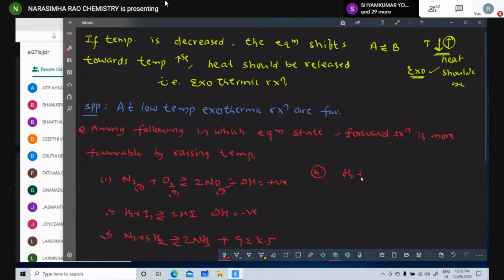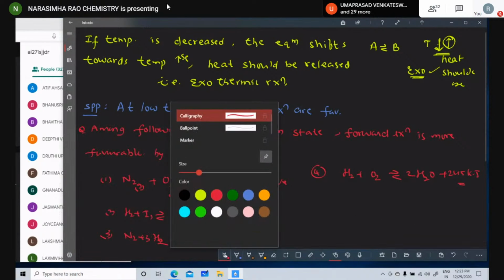H2 plus O2 is equilibrium with 2H2O plus 245 kilojoules. Option A, right. Sir? Huh? Option 1, sir. Option A, sir. Option A, right. Yes, sir.